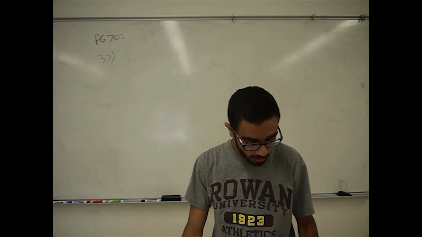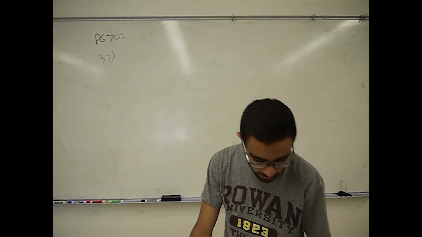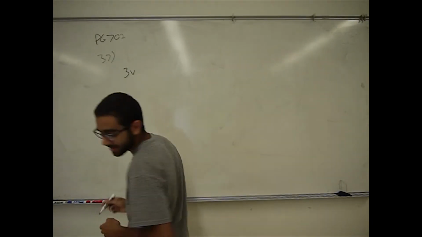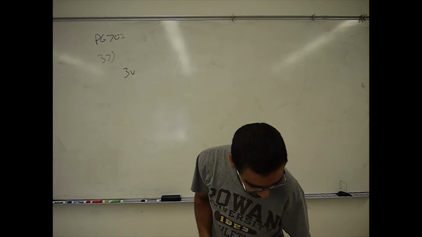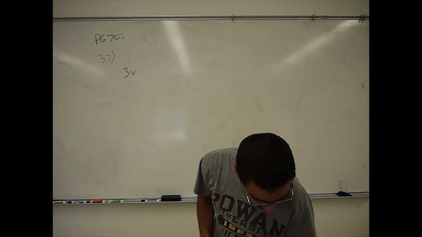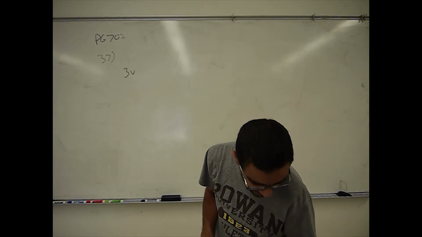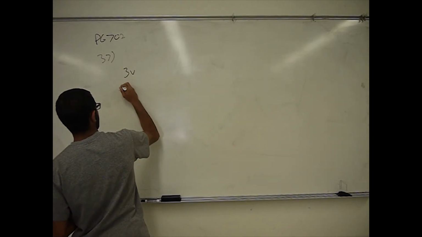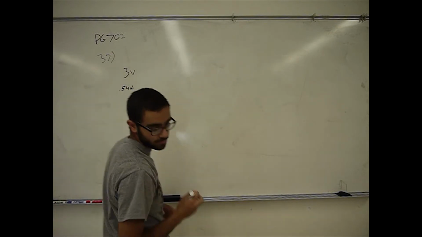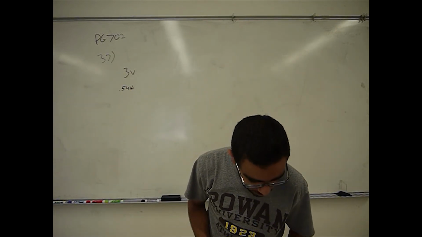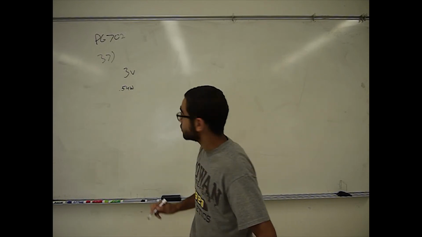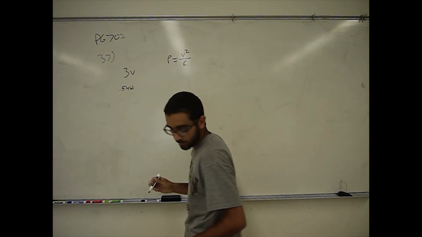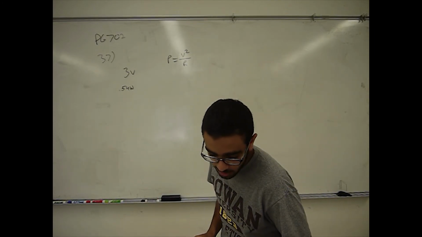Alright, well, we're going to do problem number 37. We have a 3-volt battery. The energy is dissipated in the resistor at a rate of 0.54 watts. And we also have the power equation, which is P equals V squared over R. So now we just plug into the equation.